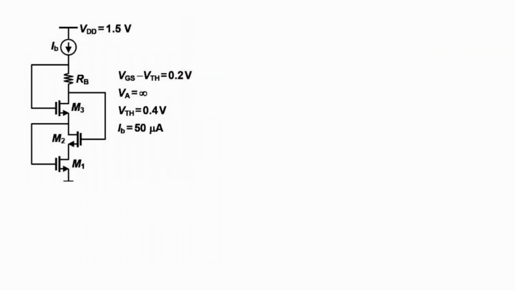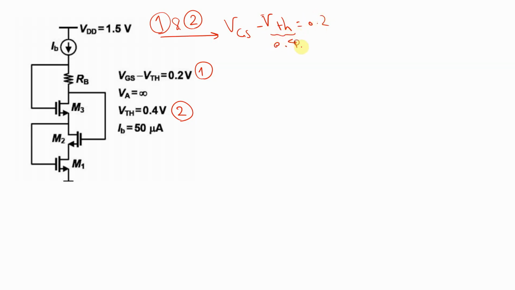This is the circuit, and I'm gonna start this problem with this information. This is information number 1 and this is information number 2. From 1 and 2 we can get that VGS minus V threshold equals 0.2 and V threshold equals 0.4.